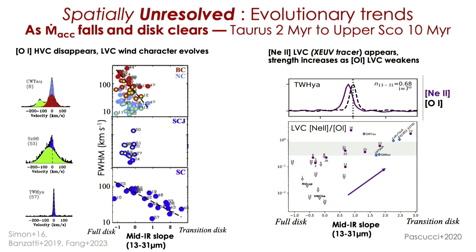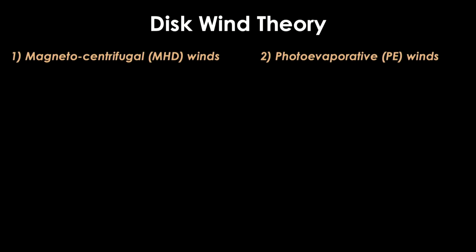So as you go from full disks to transition disks, this is the ratio of [Ne II] to [O I], as a function of the slope. And you can see all these thick disks here. The low velocity component is just not detected. It starts to be in only a few sources. And as you go to transition disks, then you clearly see this component, and it becomes more and more important compared to [O I].